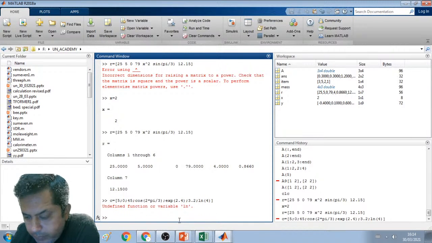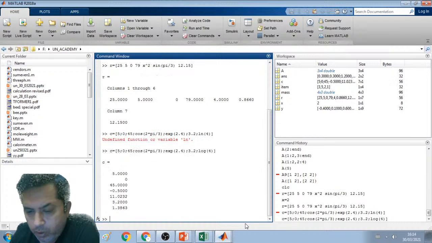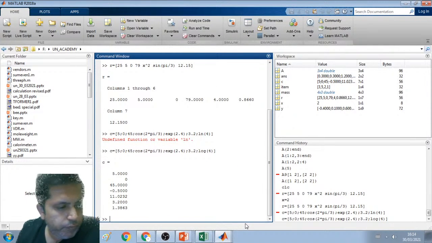Okay, let us see. ln is not, it is simply log 4.